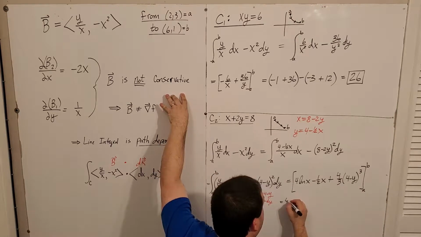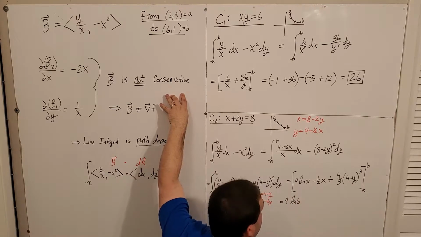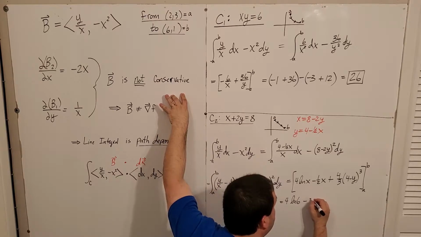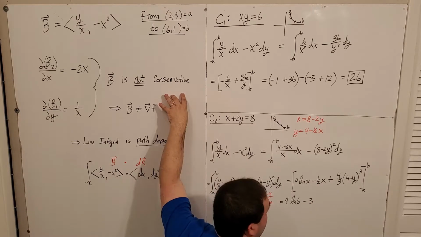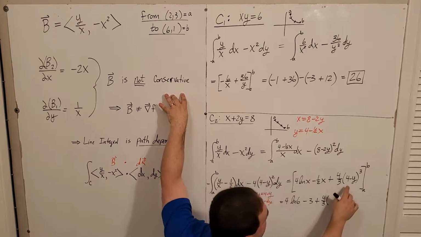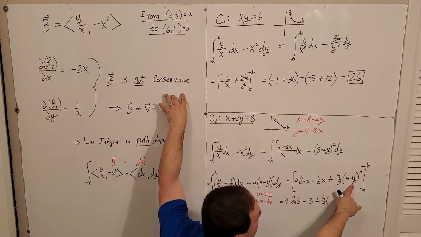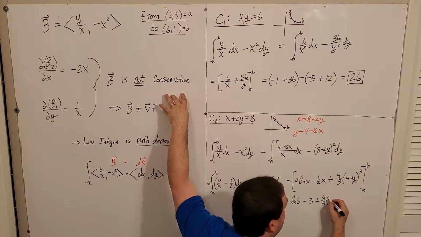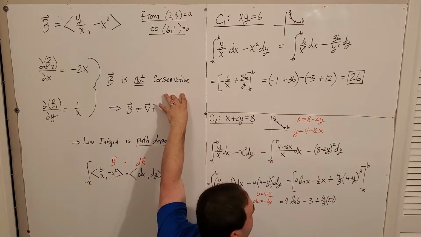So that's going to give me 4 ln of 6 minus 3, 1/2 times 6, plus 4/3 times 4 minus 1 is 3 cubed is 27, right?